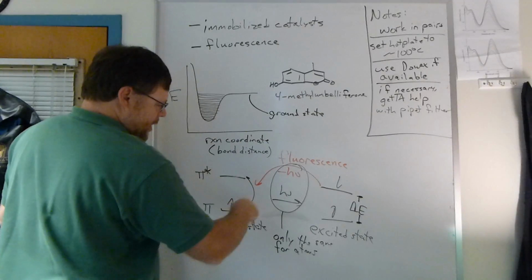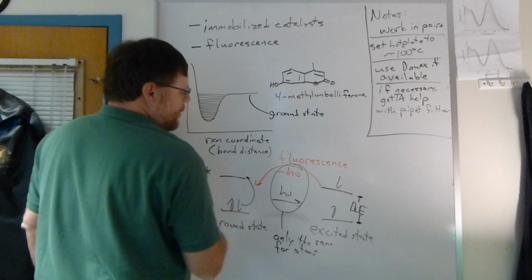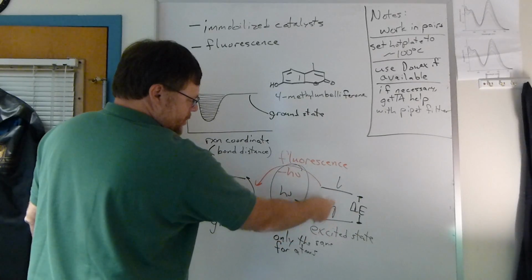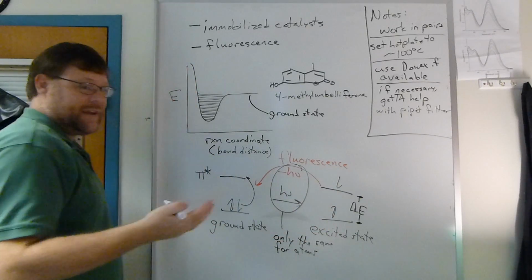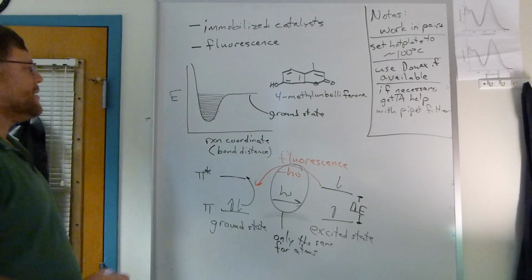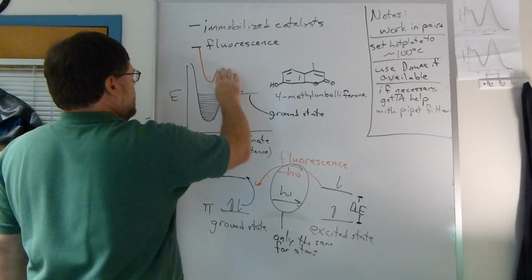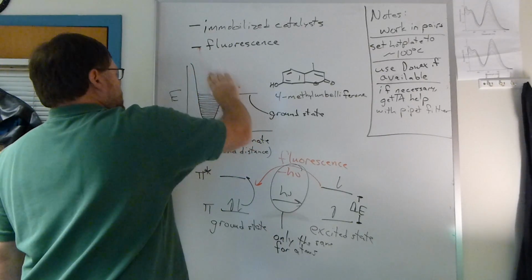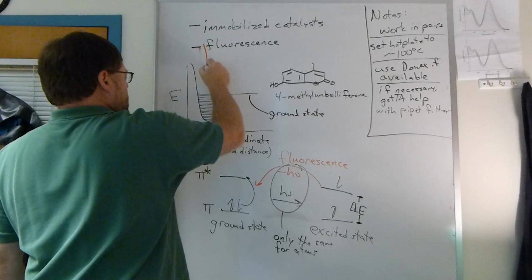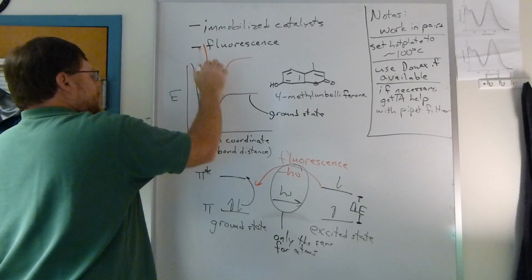Well, here's the tricky bit. Remember, when we go to the excited state, we effectively break a bond. So we break this pi bond. Okay, so if we break that bond, we don't have the same molecule anymore. So this energy surface no longer represents the excited state. And the excited state may look something like this. Imagine that's a curve. Imagine I can draw.